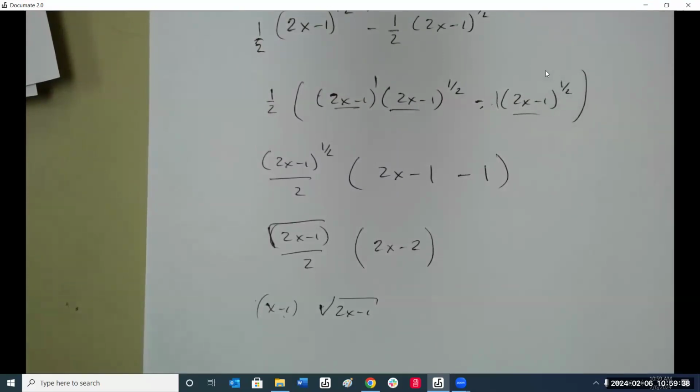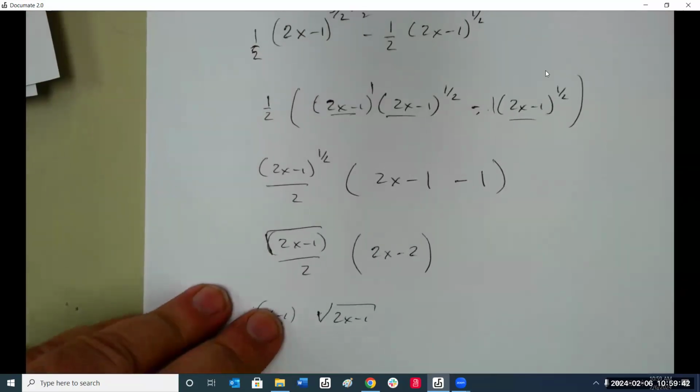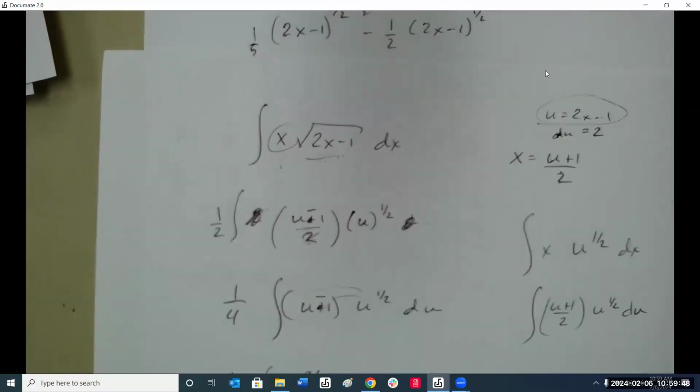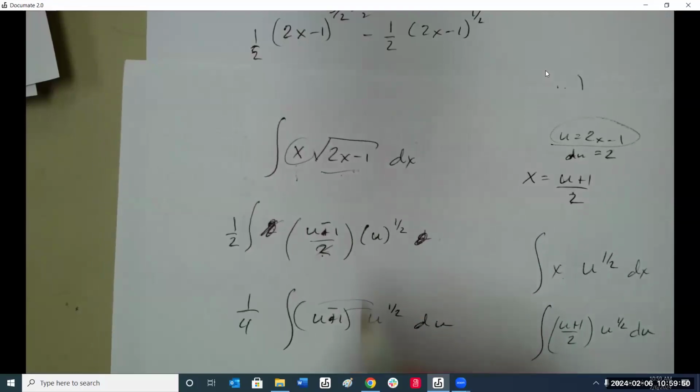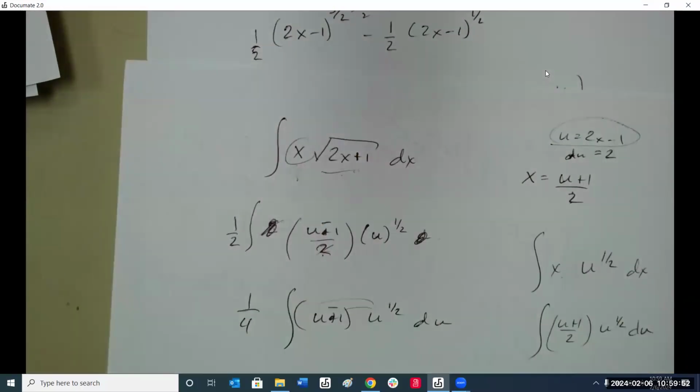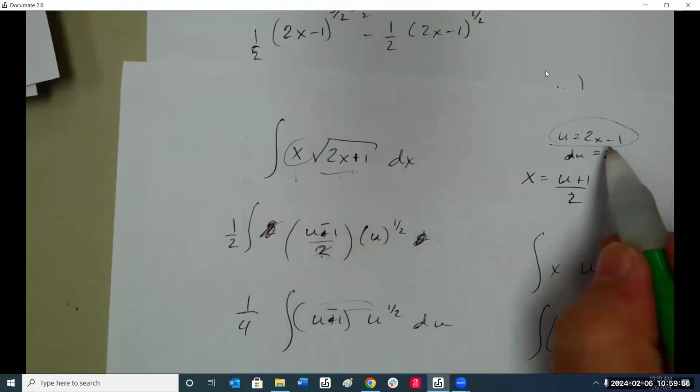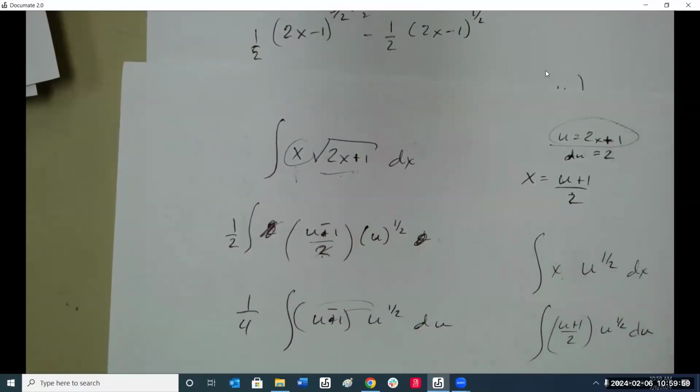Did it again. I did it again. The function I started off wrong. It's plus 1. So this one becomes minus. So the u is 2x plus 1.